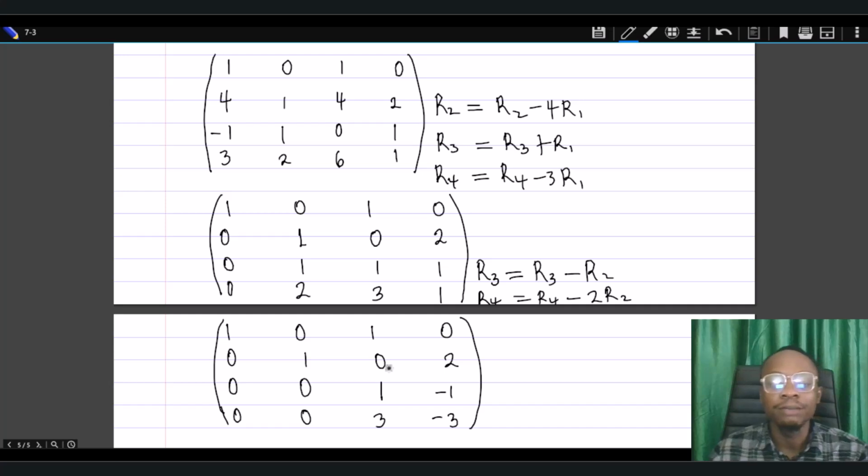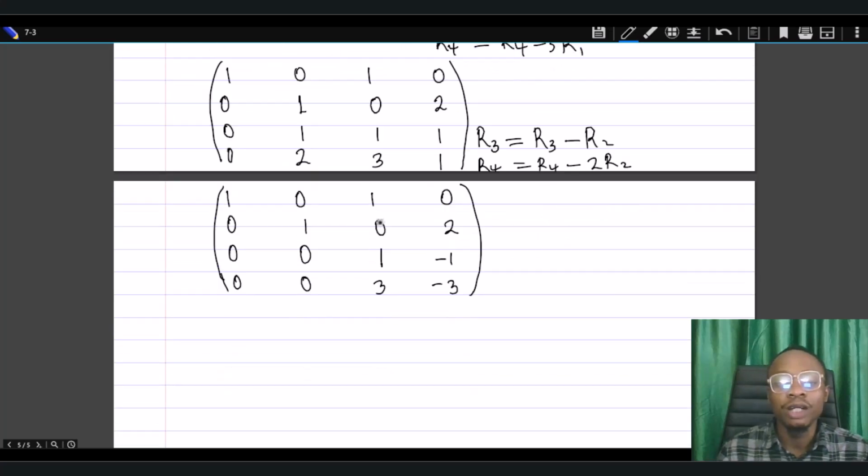Yep, we're good. So with this, we can now reduce this to 0. If we do that, we have R4 equals R4 minus 3R3. Okay, that ensures that this goes to 0. And when we do that, we have this to be 1, 0, 1, 0. And then this is 0, 1, 0, 2.